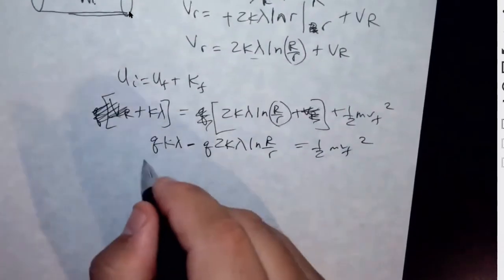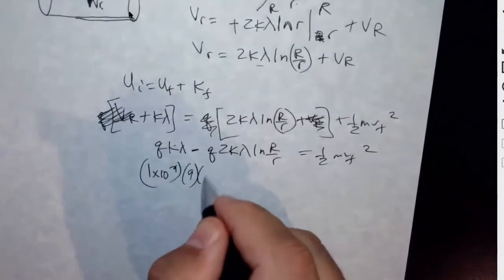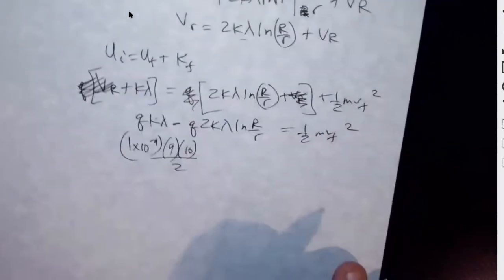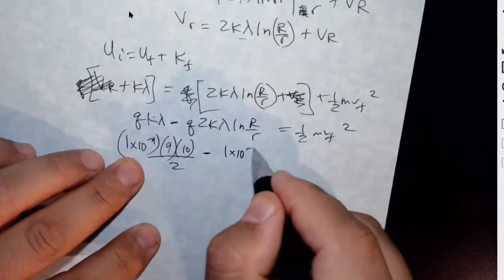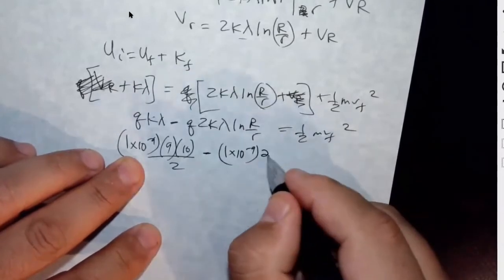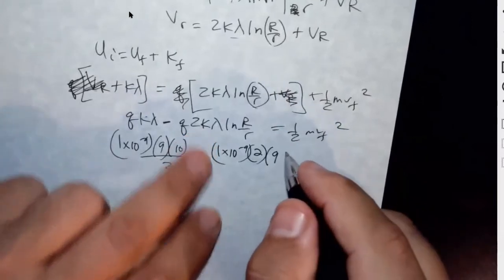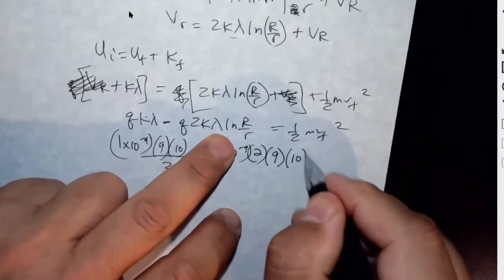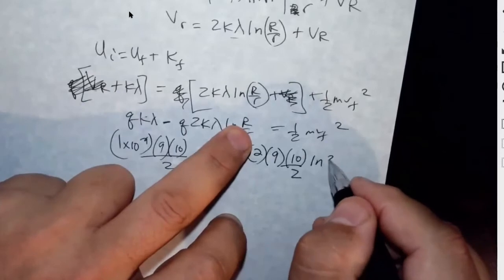Okay, so now this is where we put the 1 nano. You put 9 times 10 to the 9 over the 2 meters, which is the length. Remember, lambda is Q over L, minus 1 nano times 10 to the 9, and then the lambda, which is 1 over 2, ln of 2 meters to 1 meter.